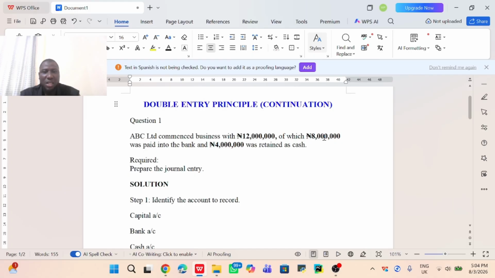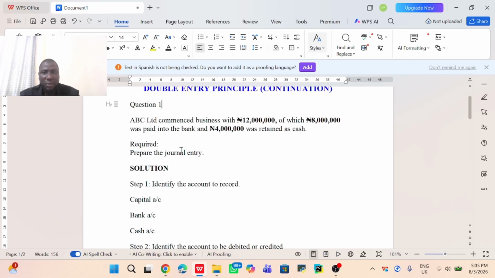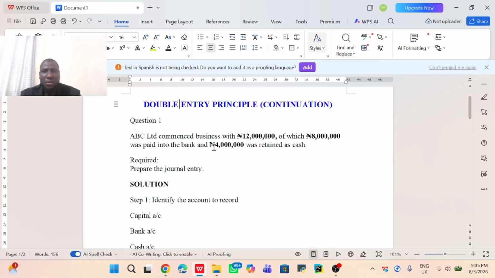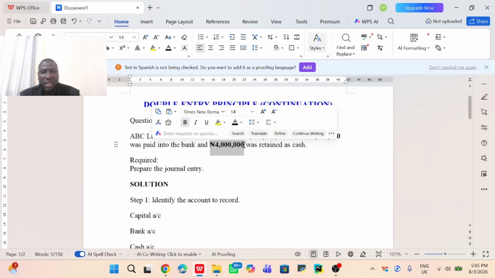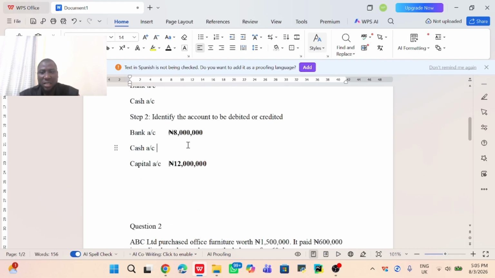Of which 8 million naira was paid into the bank. Also, 4 million was retained as cash.